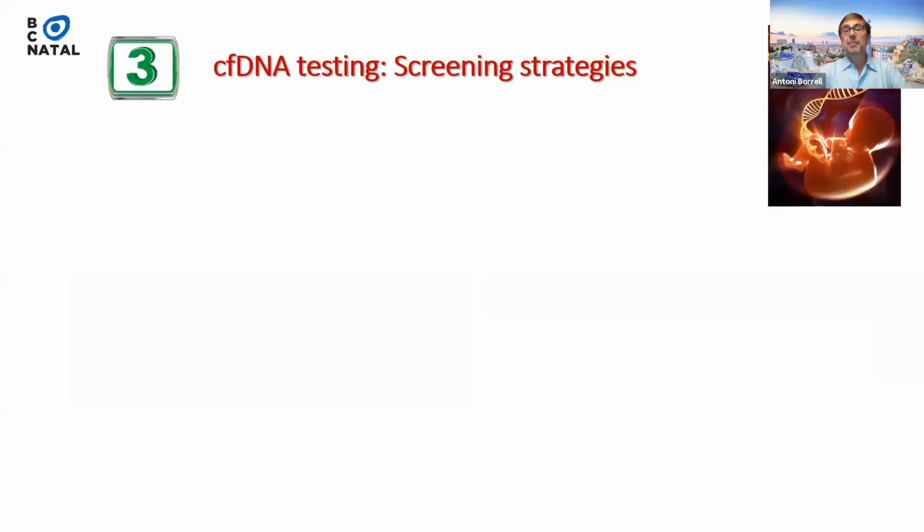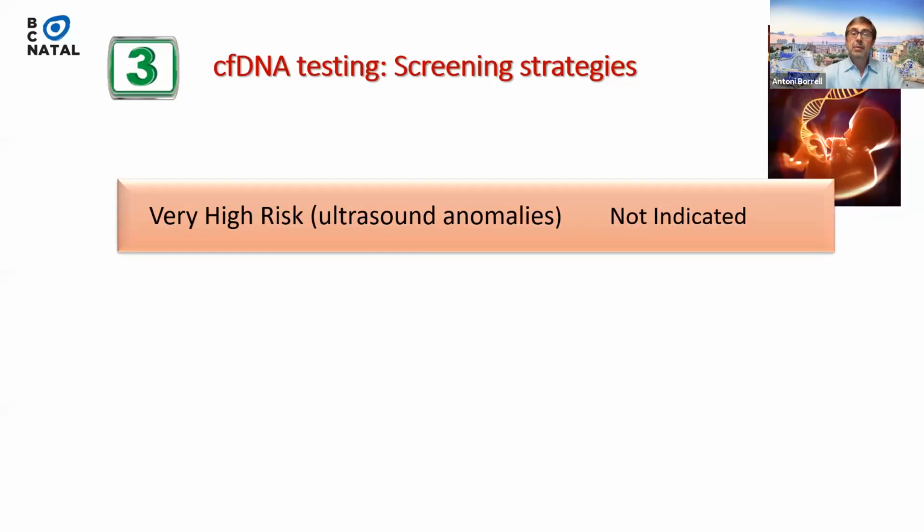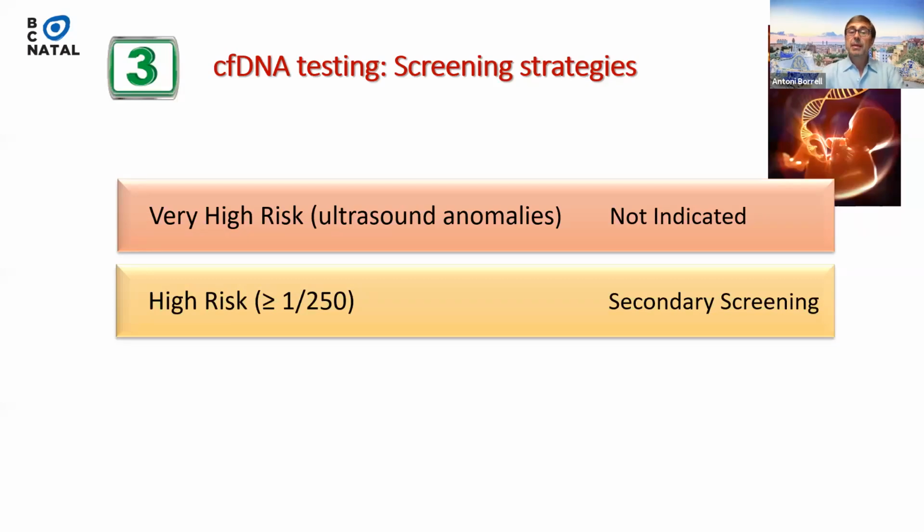And finally, the third point I would like to deal with is the different strategies in which we can apply cfDNA testing. We can apply cfDNA testing in ultrasound anomalies, very high risk. This is not indicated. In high-risk population, instead of offering an invasive procedure, we can perform cfDNA testing.